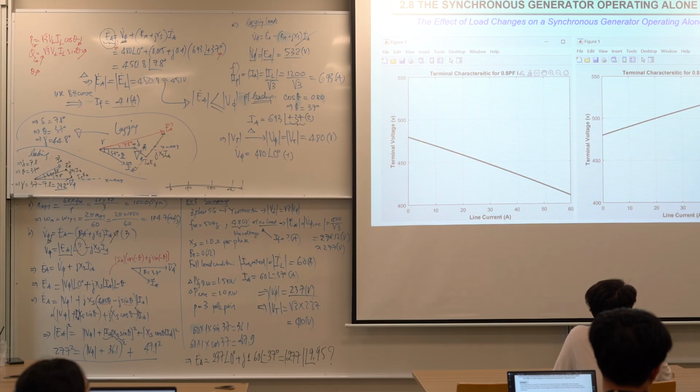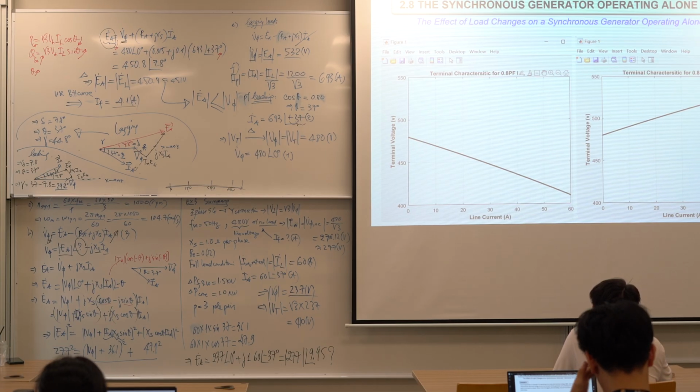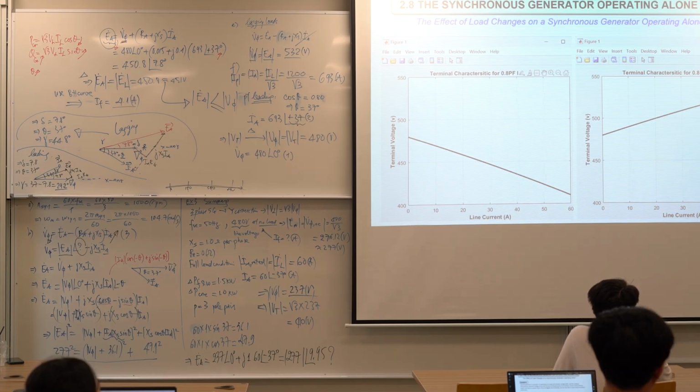So when we increase the magnitude of IA, that means we increase V phase. For lagging we just keep it minus, but for leading this is plus. So when we increase IA, we also increase V phase.